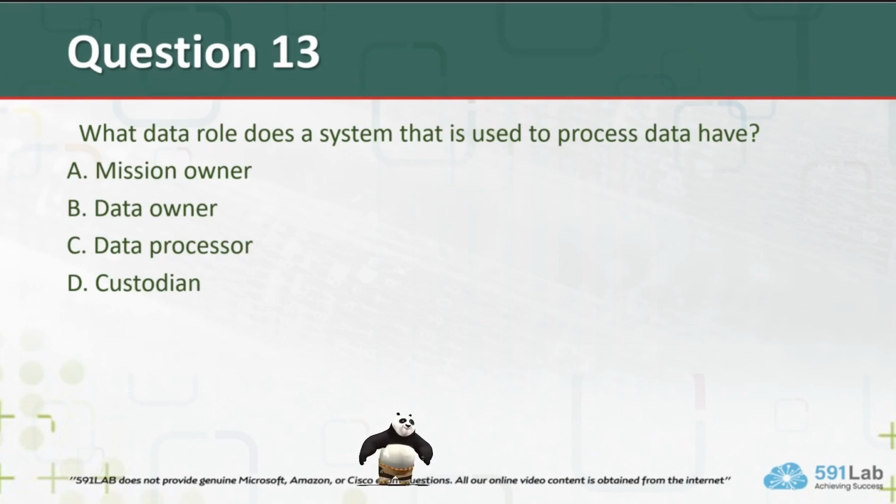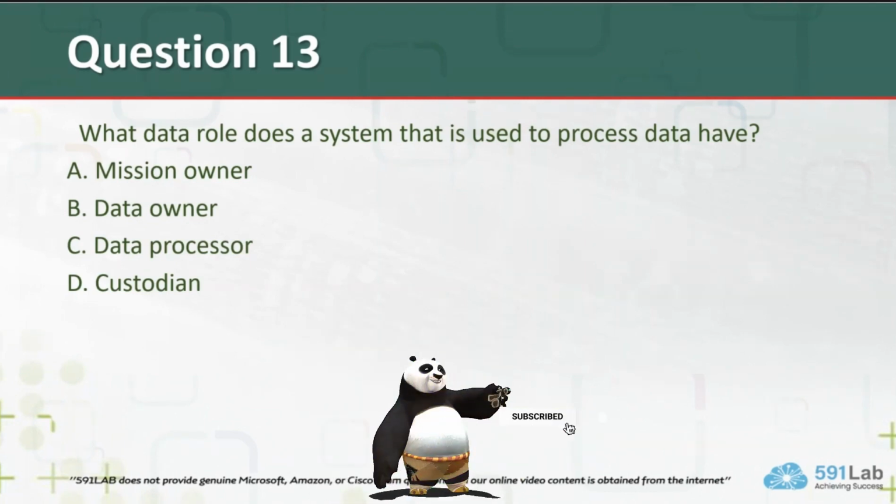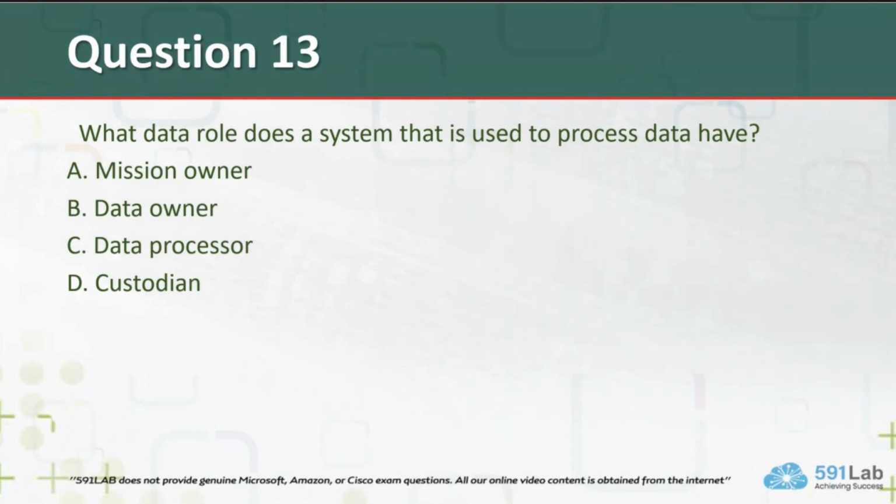This is called data processor. Data owners are typically CEOs or senior staff. Custodians grant rights and perform day-to-day tasks. And mission owners are typically programs or information system owners. So the answer for this one is C, data processor.